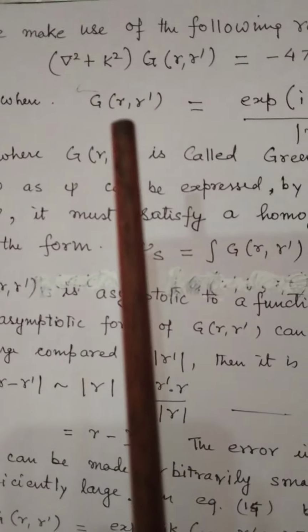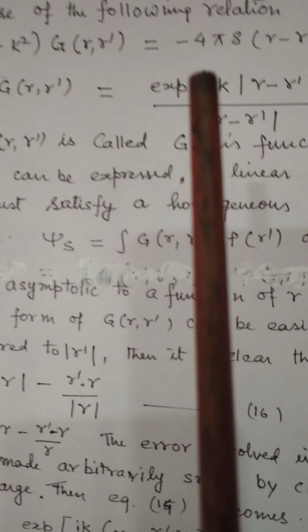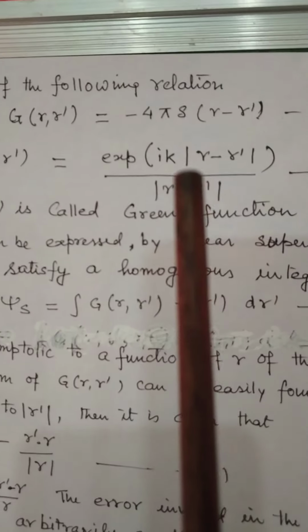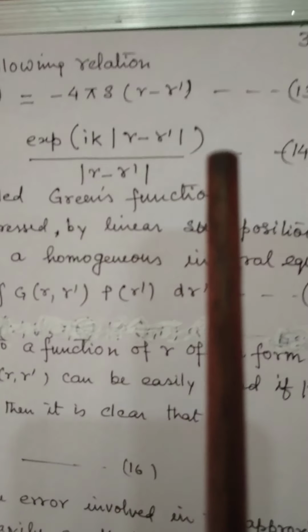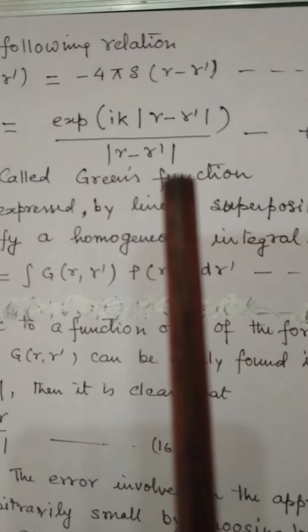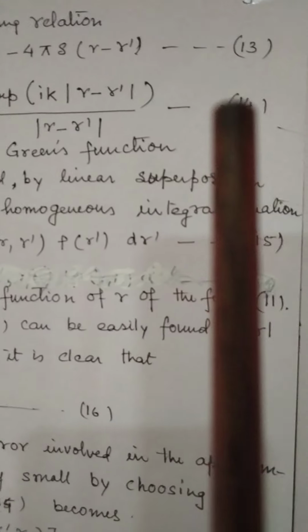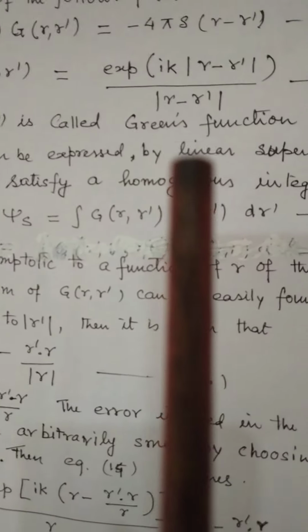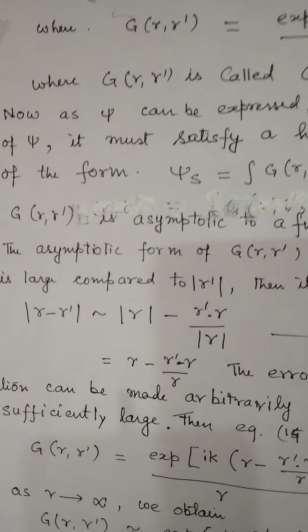Let it be equation number 13, where g r r dash equals exponential iota k absolute value of r minus r dash upon absolute value of r minus r dash. This is equation number 14, where g r r dash is called Green's function.